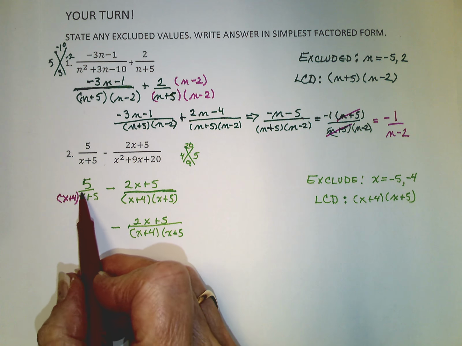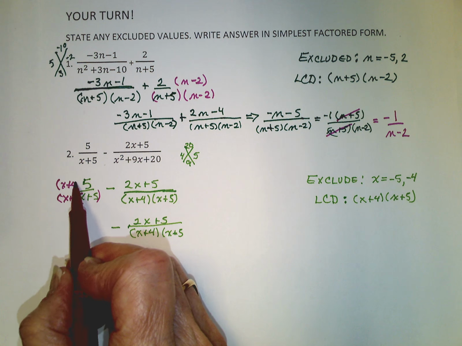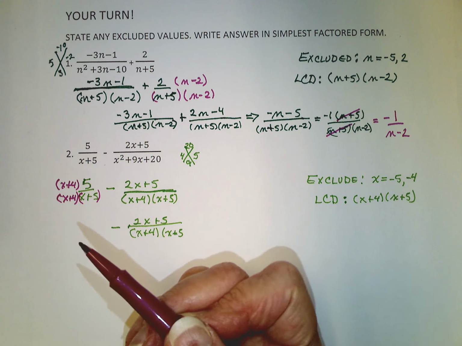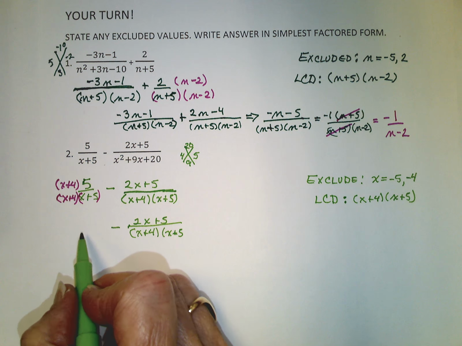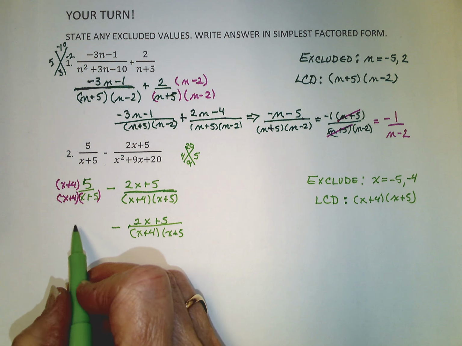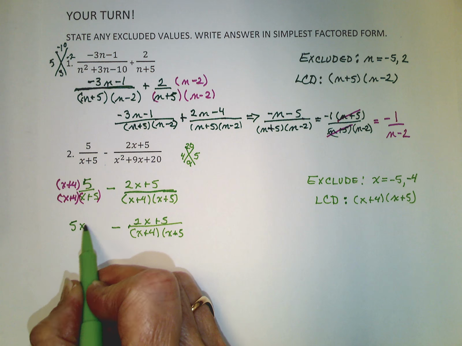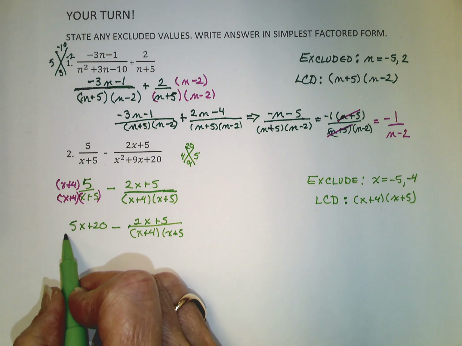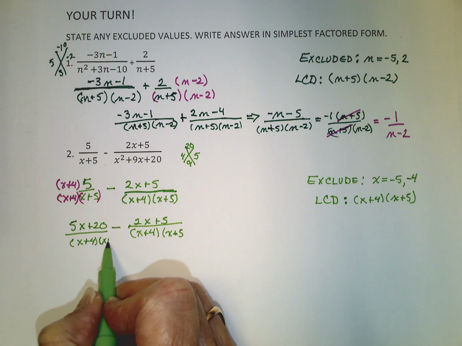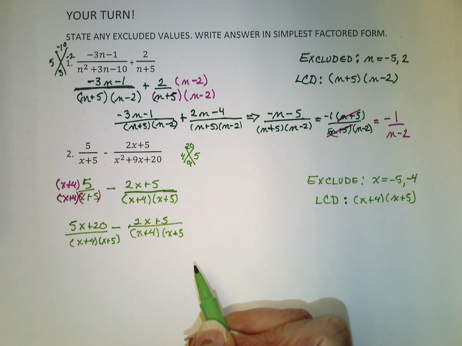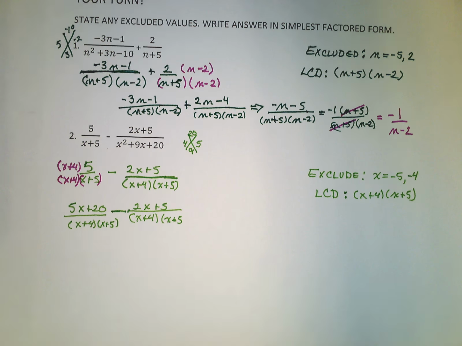If we do that to the denominator, we're going to have to do it to the numerator. It's only fair. So we end up with, I'm just going to multiply it out, 5x plus 20 over the x plus 4 times the quantity x plus 5. And we're ready to subtract.